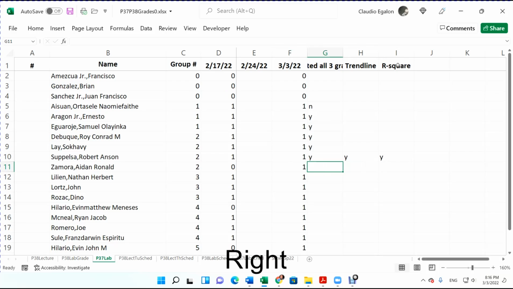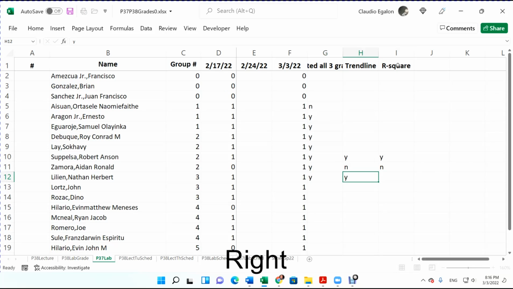Aidan Samora, did you plot the three graphs? Yeah. What about the trend line and the R square? I'm not sure about that one yet. Okay, we're going to cover that. I'm going to put no and no here. Nathan, did you plot the three graphs? Yes, good. Trend line and R square?